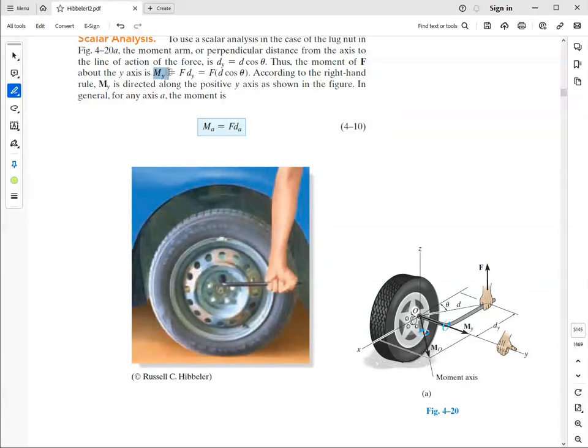So the moment about y would be F times the distance dy, or MO times cosine theta.